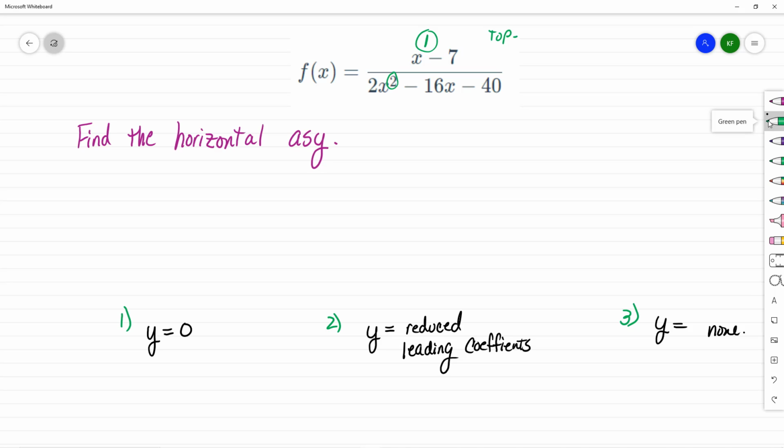And so the bottom one is bigger. And if you go back and look at your notes, if the bottom degree is bigger, then we know by default it's going to be y equals 0. Okay, so I'm going to write that down. So this is y equals 0. And it's that easy if you know the cases.